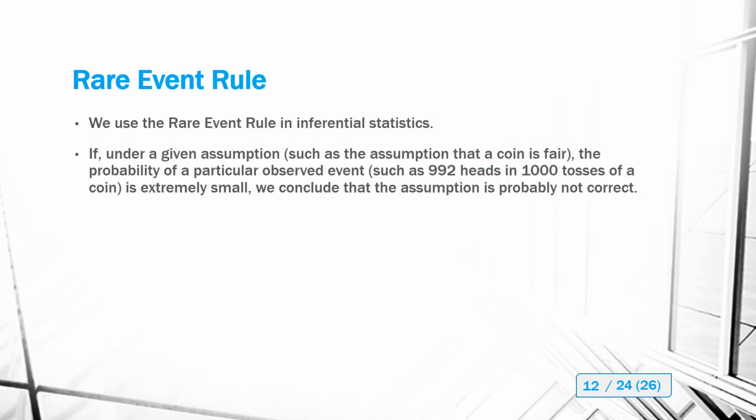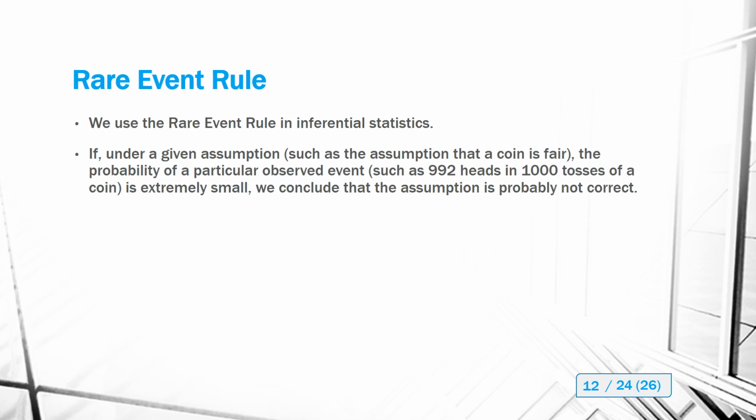Okay, that actually brings us up to what's called the rare event rule. So if we use the rare event rule, what it's going to say is that if under a given assumption the probability of a particular observed event is extremely small, we're going to conclude that the assumption is probably not correct. So for example, in the statement of the rare event rule, we have the assumption that we're flipping a coin, the coin is fair.